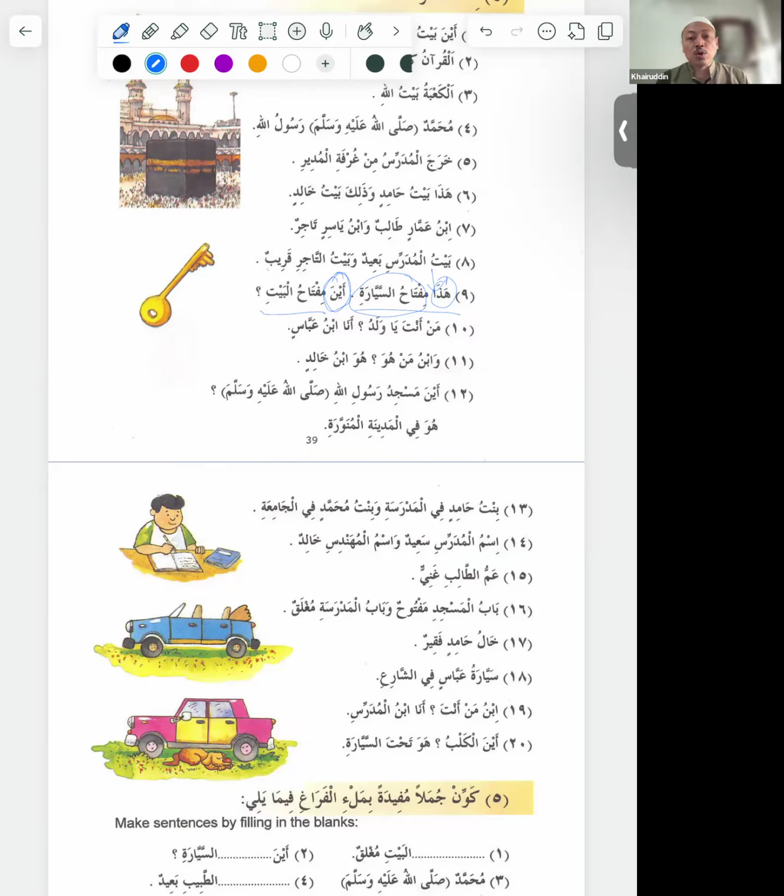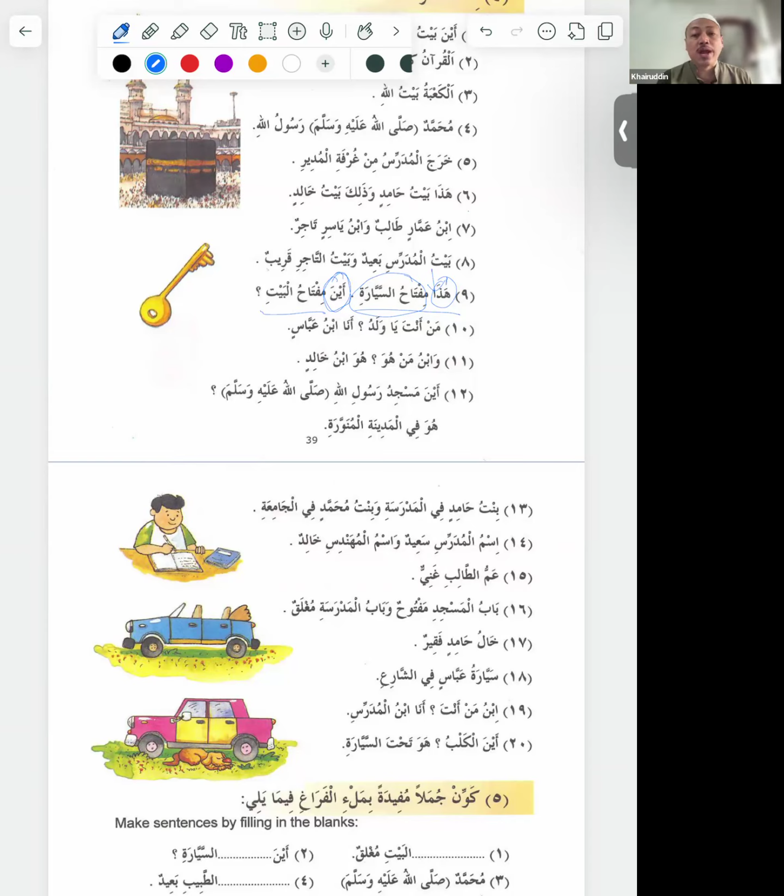Because we could have very well said miftahul bayti aina, the key of the house is where, and that's how people who speak broken English would say it, right?